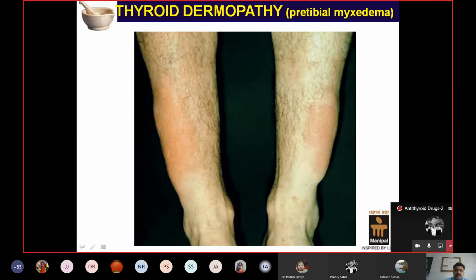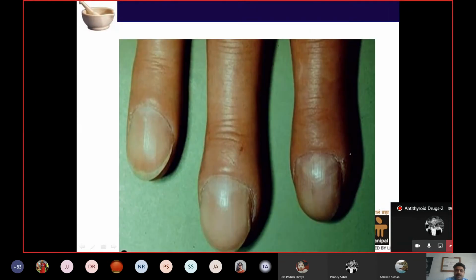Similarly, pretibial myxedema could also be seen. It is seen in almost 5% of Graves' disease patients. You can see here there is dermopathy. And this is also a typical feature, that is thyroid acropathy.